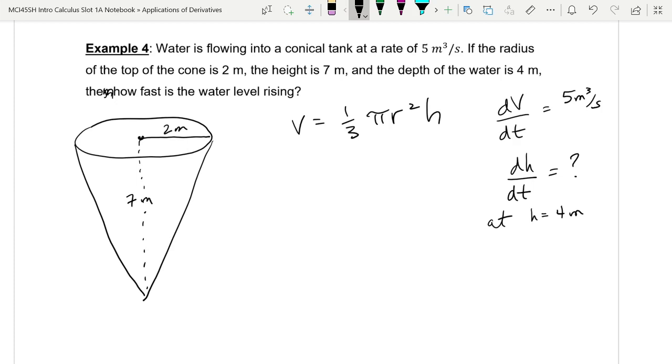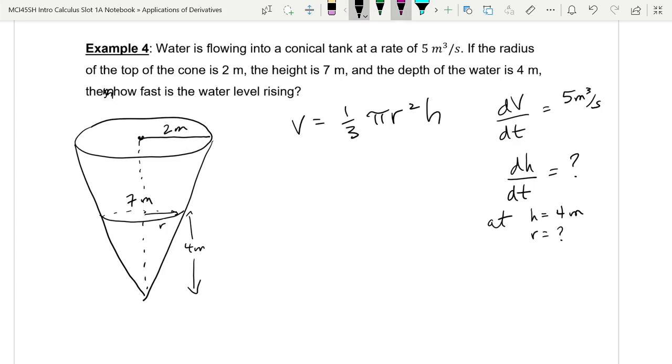So think about it this way. I kind of have a second cone here when the water level is up to 4 meters. It will have a radius of its own, but I don't know what that radius is, so I'll just call that r for now. So how am I going to find that r? This is where similar triangles comes in.